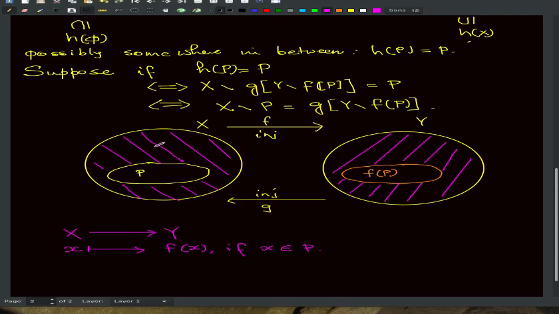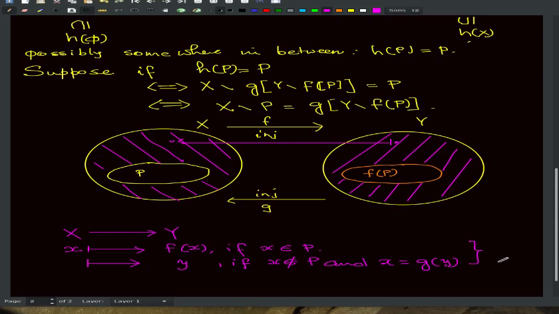If x is not in p, it is something here, then there exists one unique point over here which is being brought by g to this point. So if x is not in p, I take it to that point.